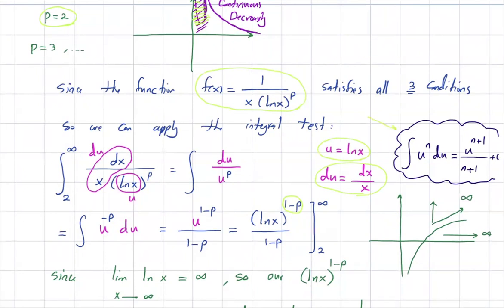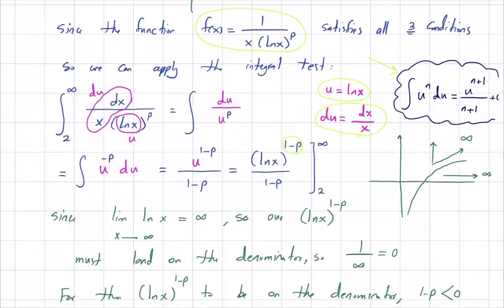But from calculus, remember that the integral of u to the n, du is u to n plus 1 divided by n plus 1. So basically, this integral becomes u to power 1 minus p divided by 1 minus p, but u is equal to ln of x. So substitute this here, you get ln of x to power 1 minus p divided by 1 minus p.